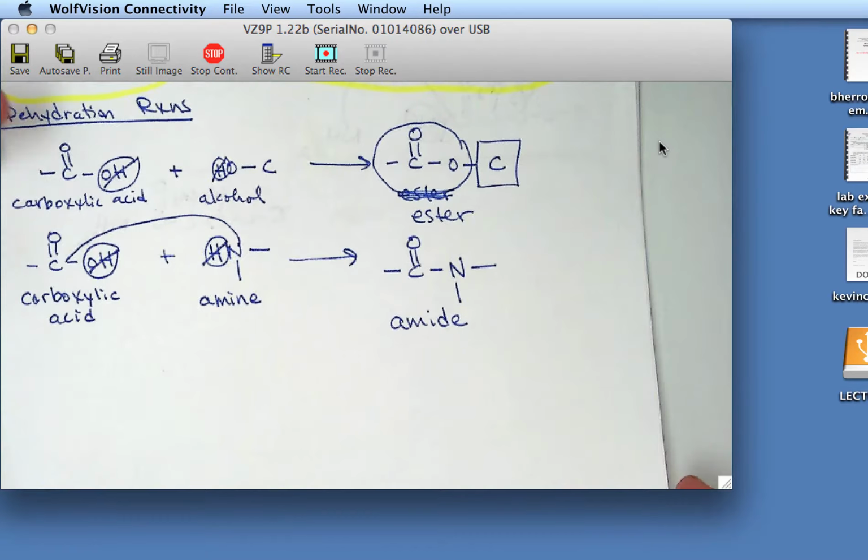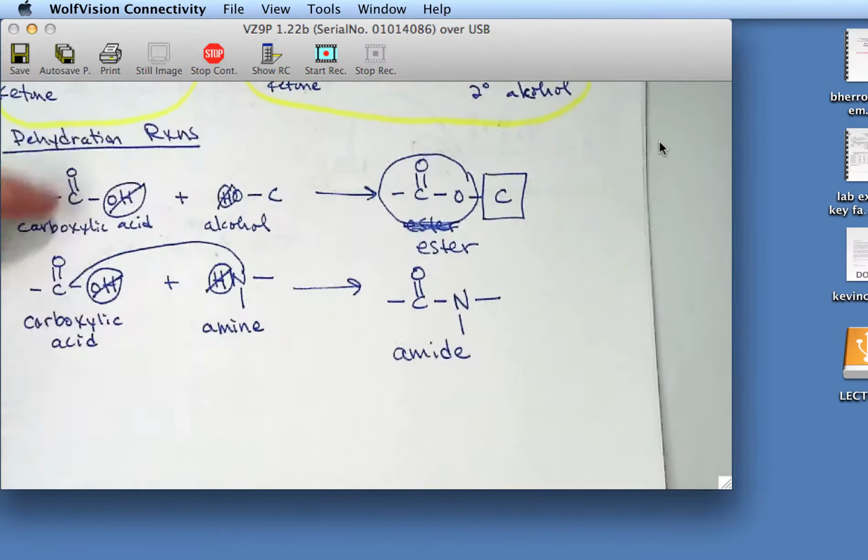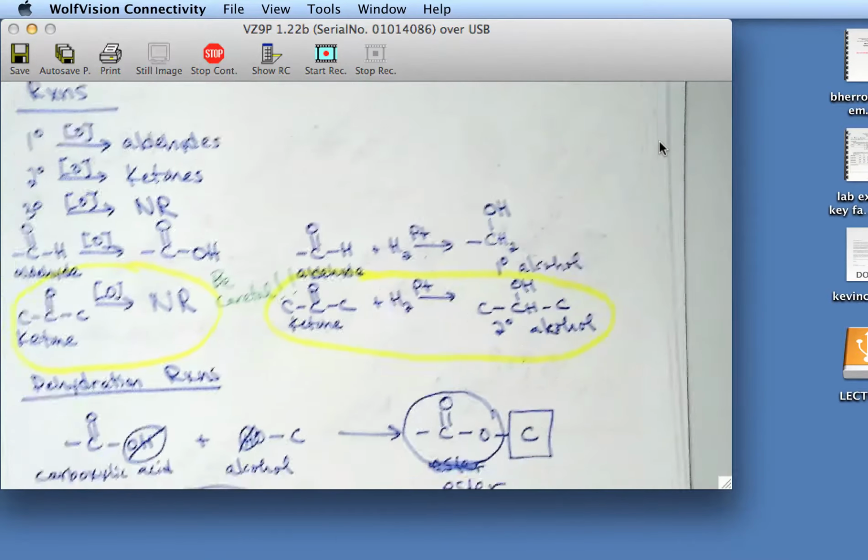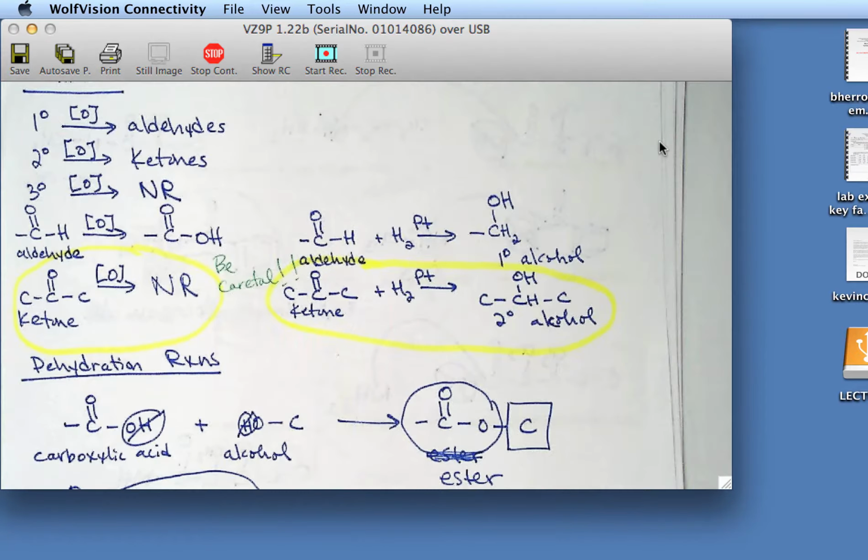So 1, 2, 3, 4, 5, 6, 7, 8, 9 reactions. And then we learned the nomenclature for 9 functional groups.